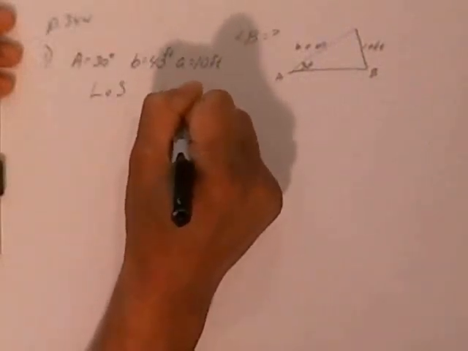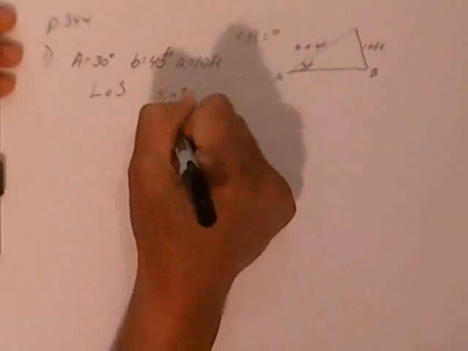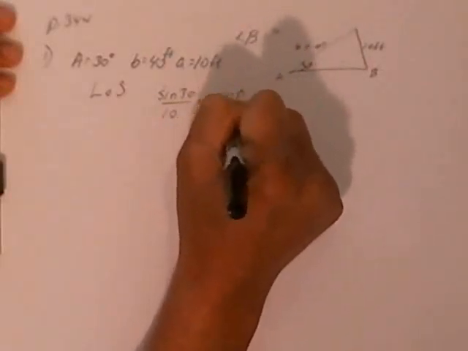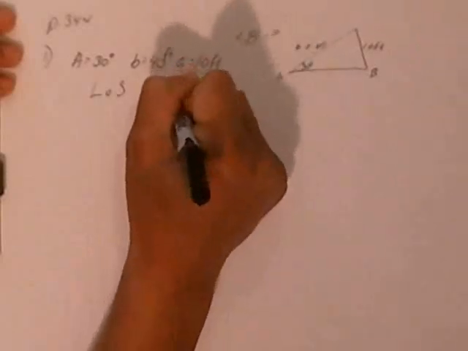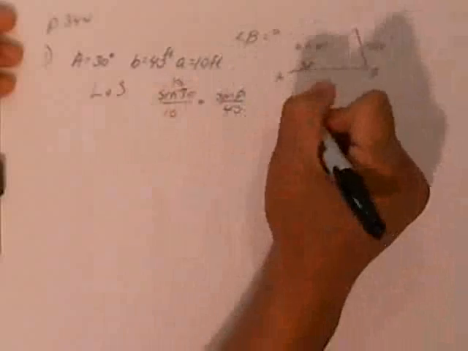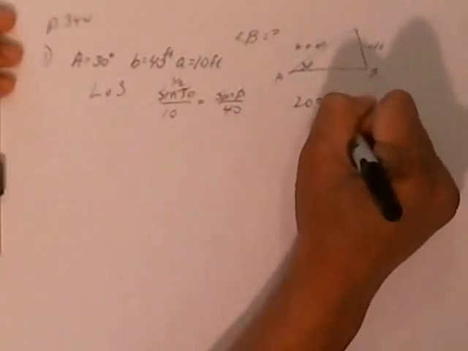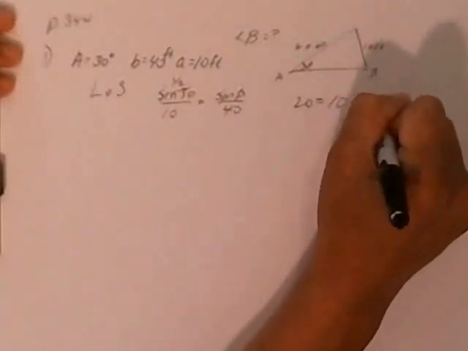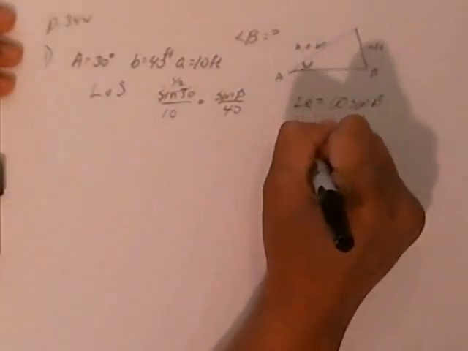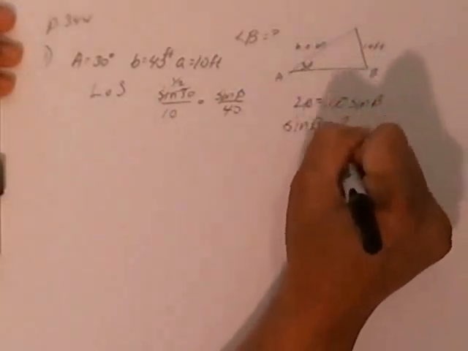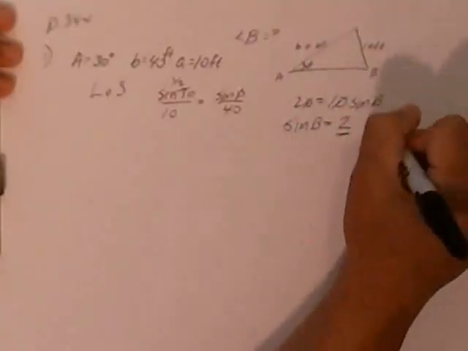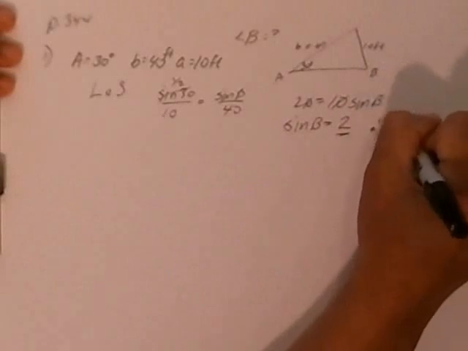Sine of 30 degrees over 10 is equal to the sine of the angle B over 40. We know that the sine of 30 is 1/2. And then cross multiply, half of 40 is going to be 20. It's equal to 10 sine of B, divided by 10. Getting rid of the zeros, the sine of B is equal to 2. We know that the sine of any angle greater than 1 does not exist, so therefore no solution.